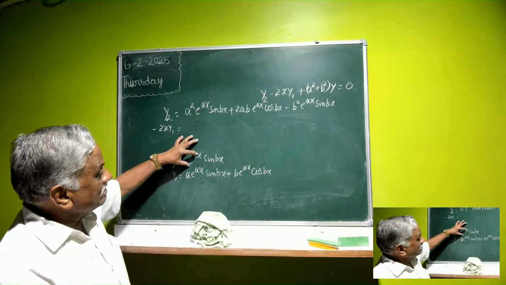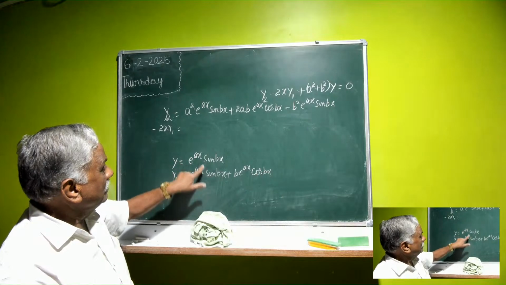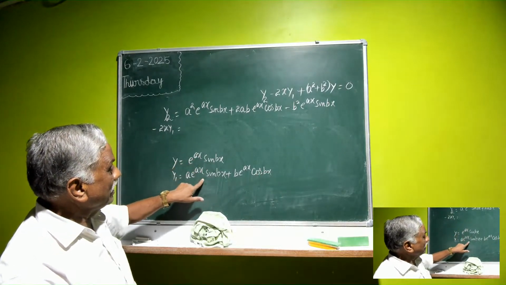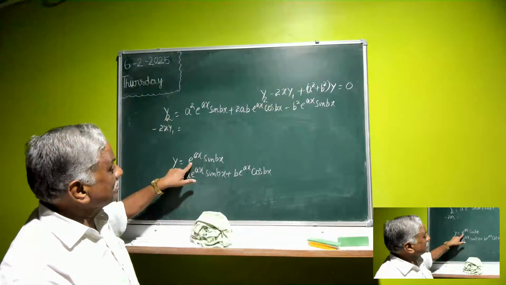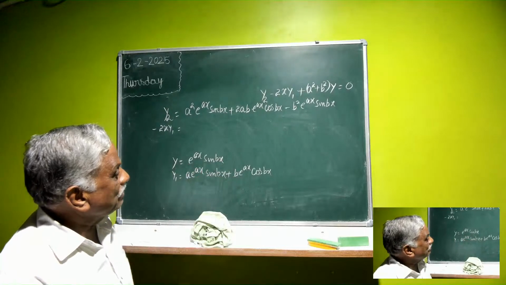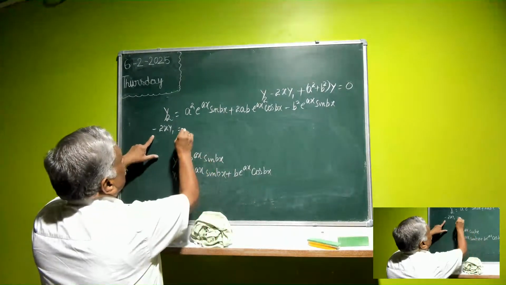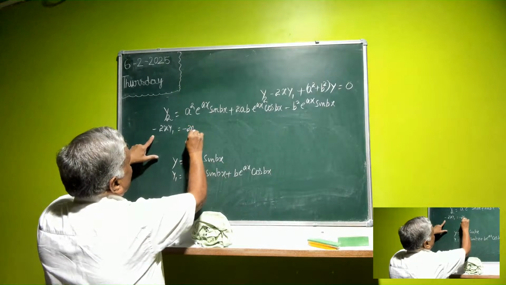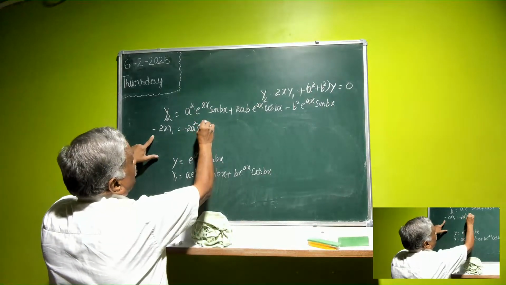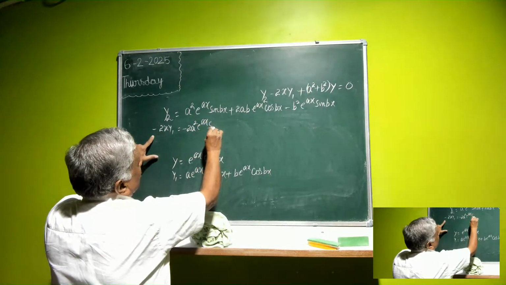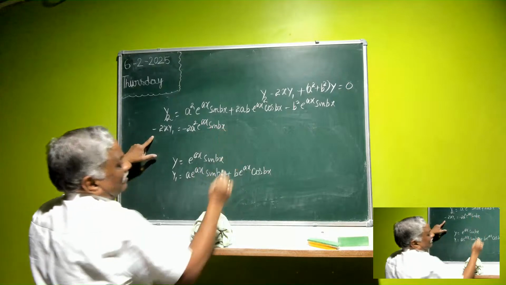Because I keep e power ax as it is, sin bx as it is, differentiate this, I get a e power ax. Now keep e power ax as it is, sin bx gives b cos bx. So you have to multiply this by 2a. So you will get minus 2a square e power x sin bx.